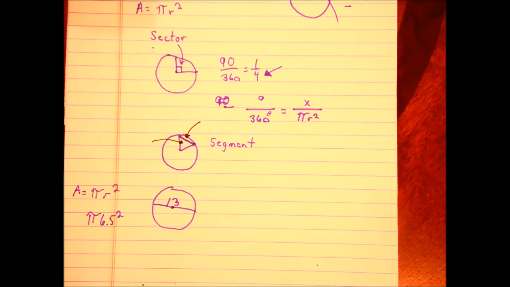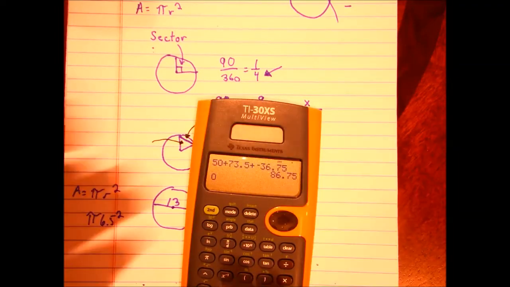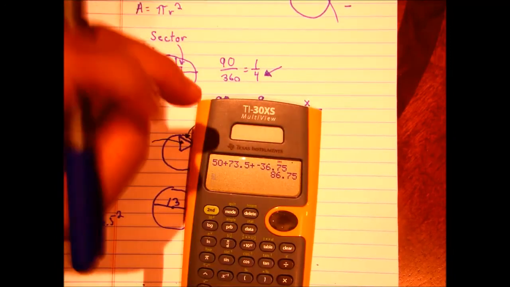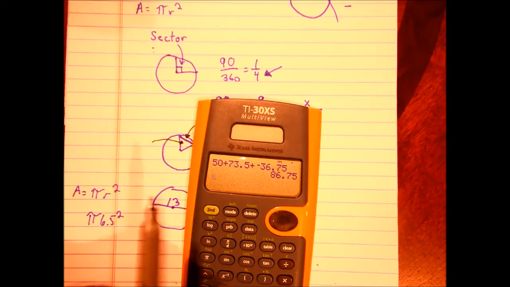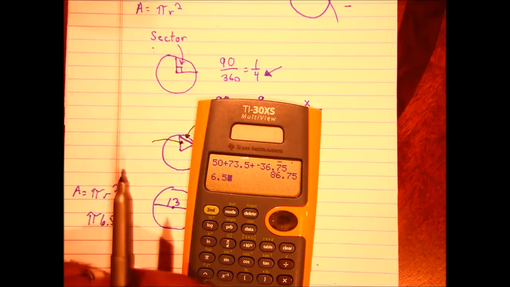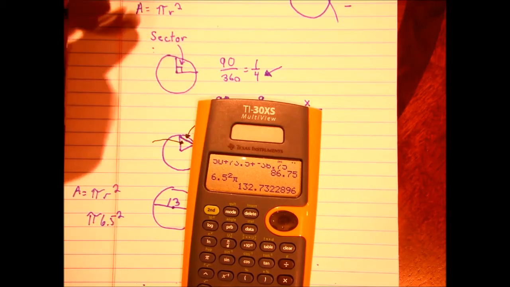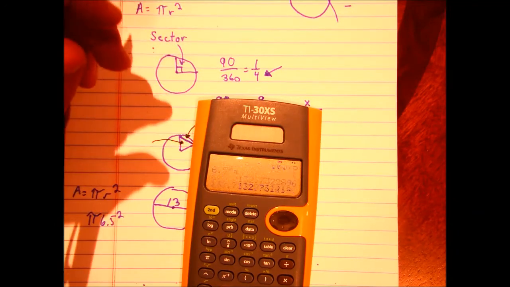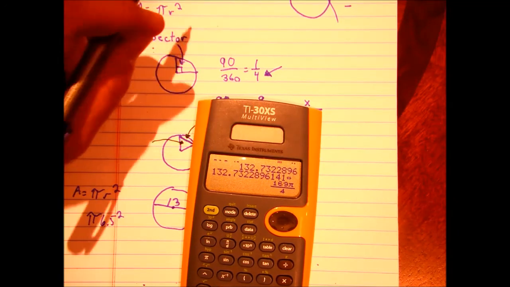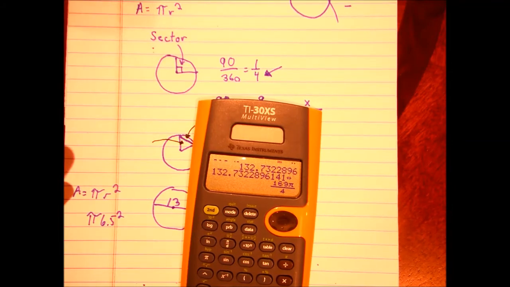We would use our calculators. And remember, the nice thing about the calculator is it does pi for you. So it would be 6.5 squared times pi. You end up with 132.73. In terms of pi, it's 169 pi over 4.